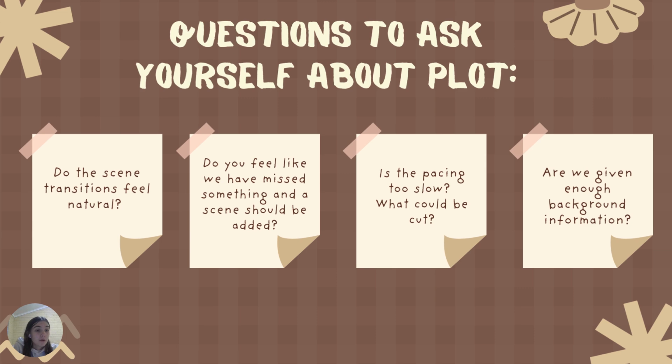It just depends on whether you have ideas for it. Okay, and then we have whether the pacing is too slow and what could be cut. This might just be a sentence or paragraph, or it could be whole scenes. And are we given enough background information, particularly for fantasy novels? Whether we understand the world building, that it makes sense to the plot.